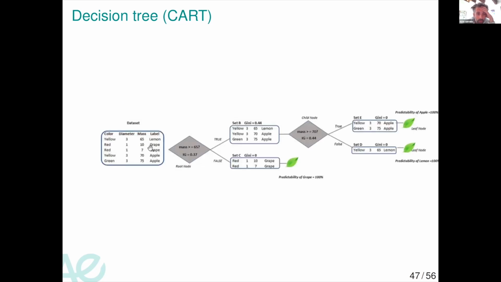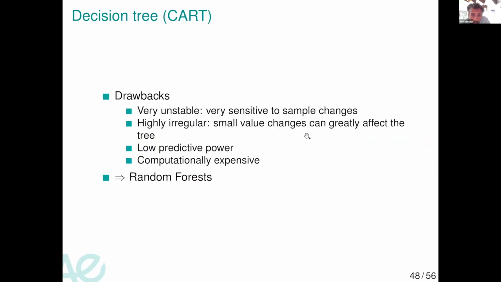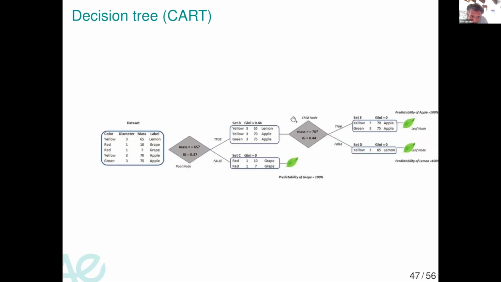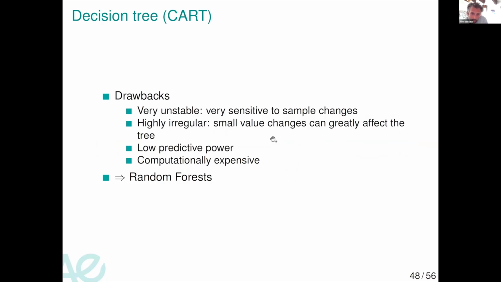If, for example, the mass of the lemon is 65 and it was 70, one of the two questions couldn't be the same. So it has a low predictive power, and also it is computationally very expensive, because at each step you need to generate all the possible binary questions. That's not an issue here because you just have two cuts, but for big trees that could be very computationally expensive.